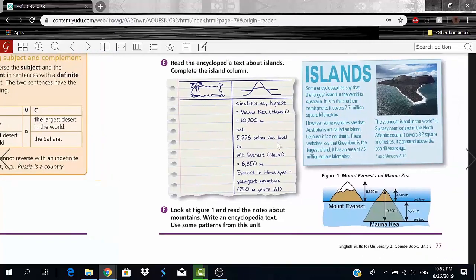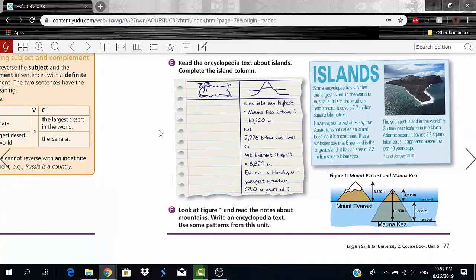So here we go. Islands. Some encyclopedias say that the largest island in the world is Australia. It is in the southern hemisphere. It covers 7.7 million square kilometers. However, some websites say that Australia is not called an island because it is a continent. These websites say that Greenland is the largest island.